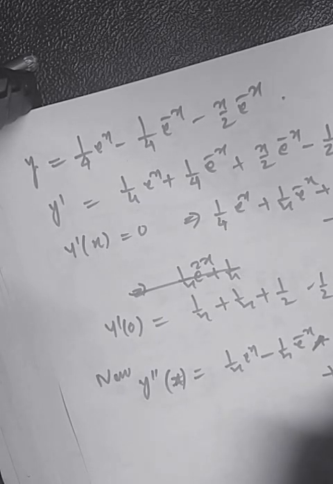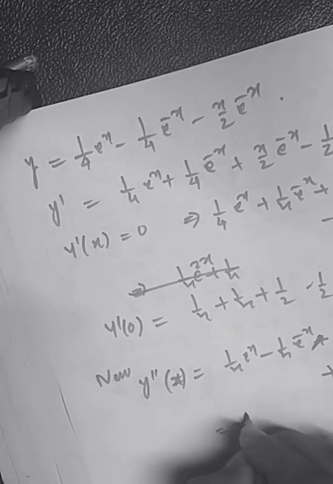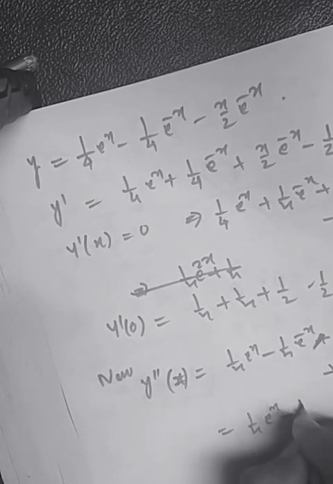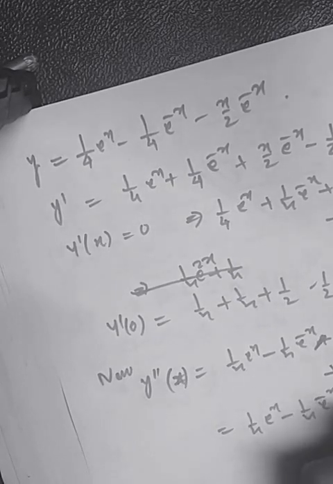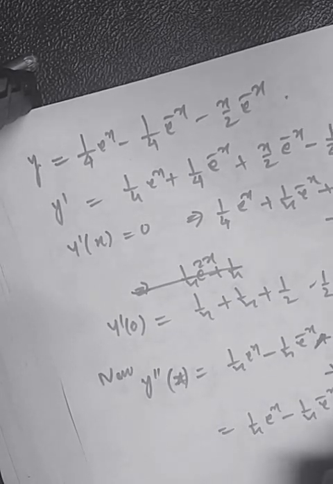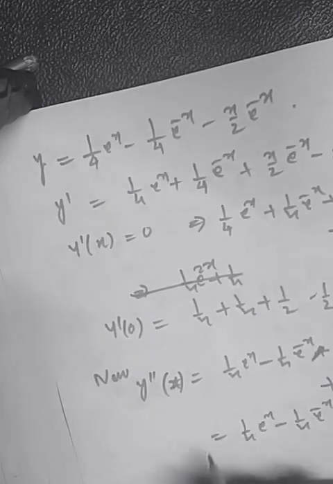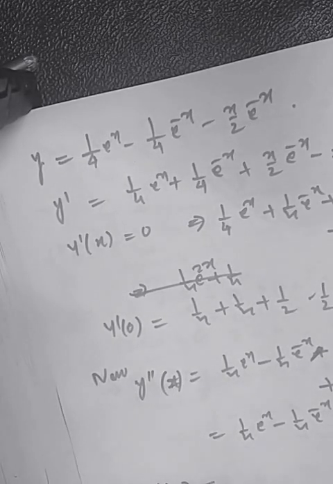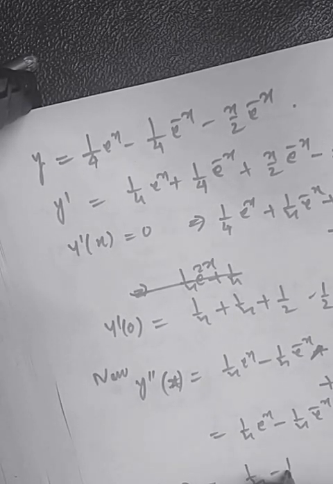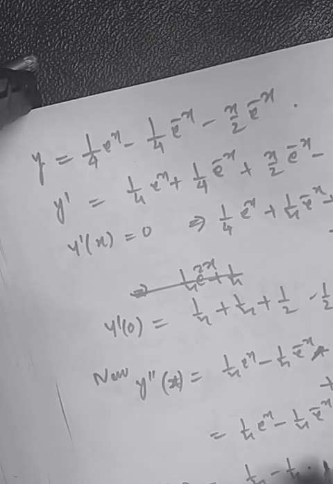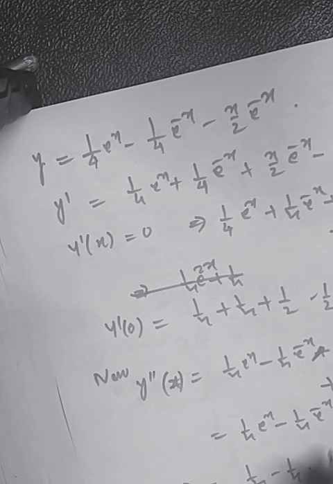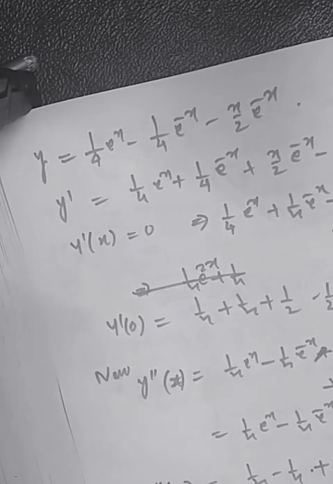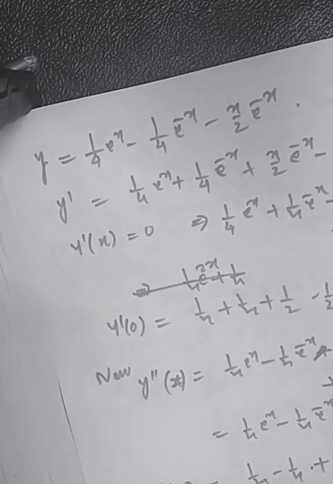So this will give 1 by 4 e to the power x minus 1 by 4 e to the power minus x plus x by 2 e to the power minus x plus e to the power minus x. Now y double dash of 0 is equal to 1 by 4 minus 1 by 4 plus 1, which is equal to 1, greater than 0.